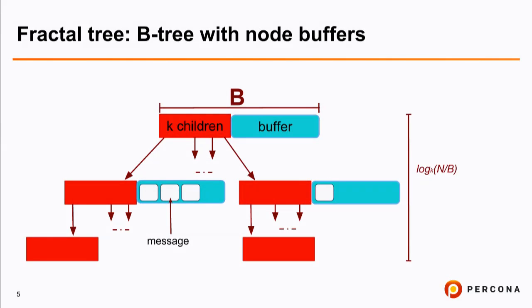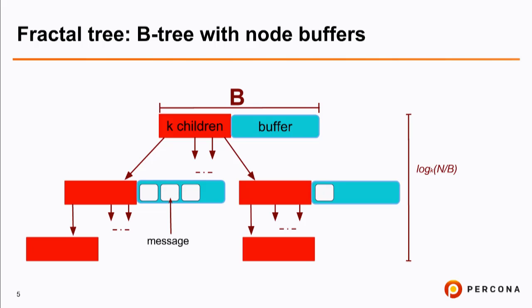So the fractal tree tries to join these two ideas: we have a B-tree, and each B-tree node contains a buffer. The buffer contains messages which describe data changes.